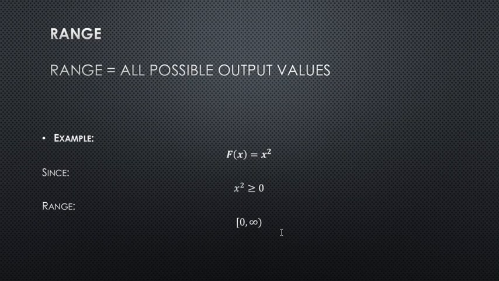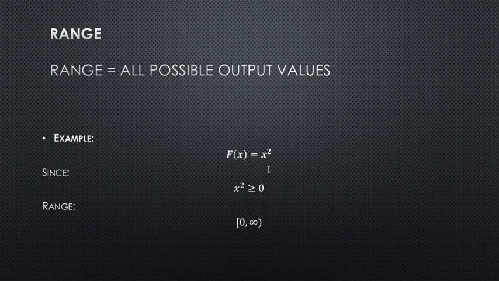The second important concept is range. While the domain tells us which input values are allowed, the range tells us which output values the function can produce. Consider f of x equals x squared. We can put any real number into this function.